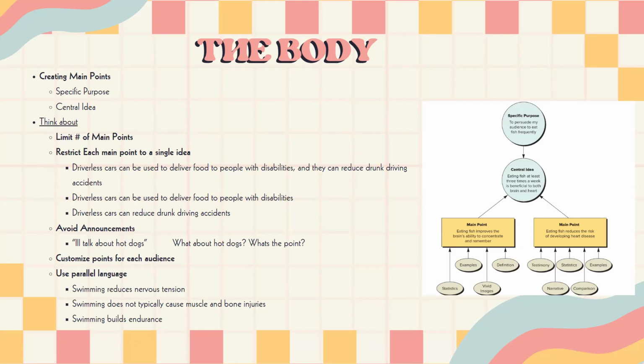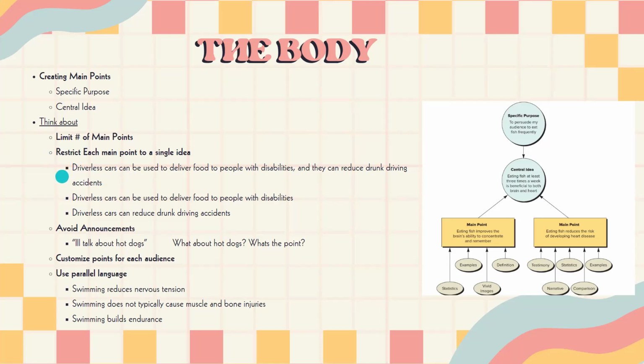It feels like you've done the research, you have enough support when you have those 3. So, my recommendation for your demo speech and your pitch, like your informative and your persuasive, having 3 is key. That's just my thoughts on that. Next is restrict each main point to a single idea.